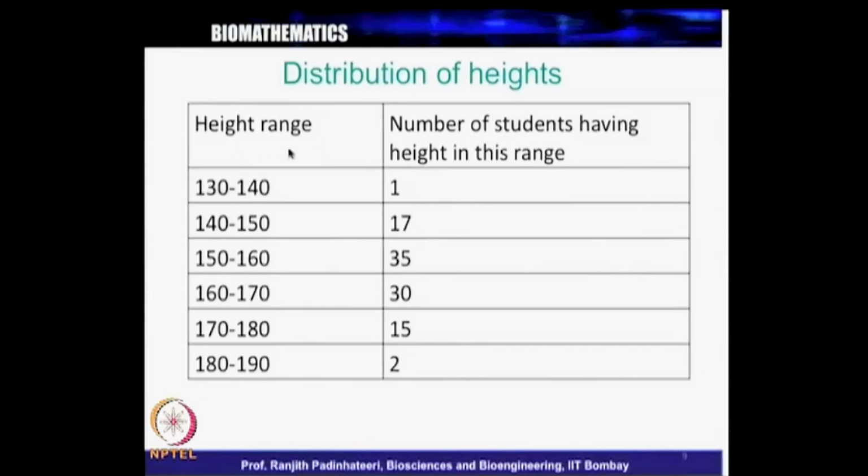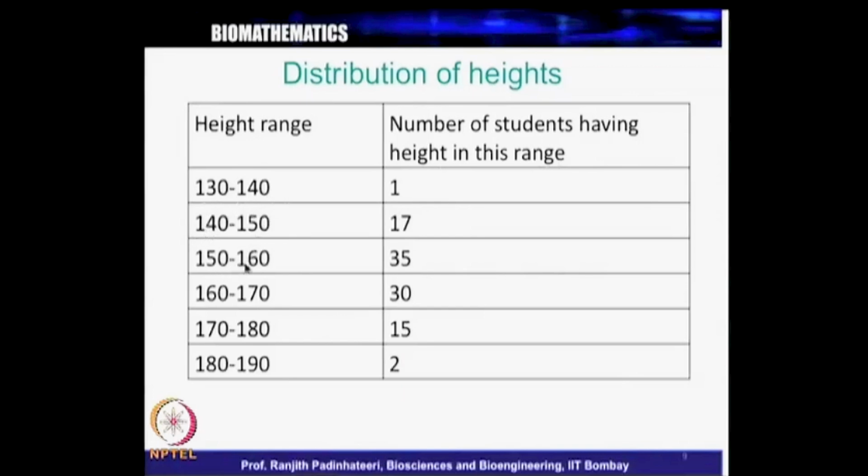Just one student. How many students have height between 140 and 150 centimeters? Let us say there are 17 students. This column is the number of students having height in this range.